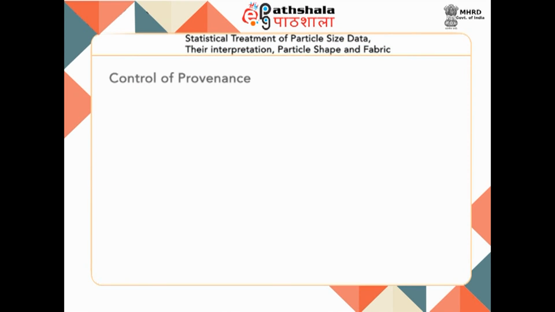So, first start with the control of provenance. Depending on lithology, erosion and weathering history, specific sizes of grains are supplied from any source area. Sediments generated out of chemical weathering of acid igneous rocks such as granites are characteristically quartz grains, corresponding to the size of quartz crystals in granite, and clay minerals, that is kaolinite, smectite, illite, principally developed through decomposition of feldspars in the weathering profile.